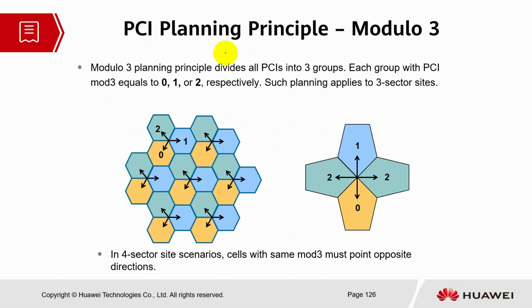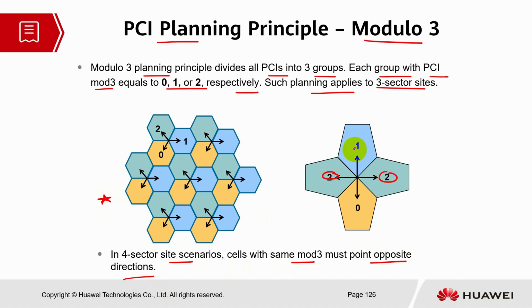So let's look into the PCI planning principle modular 3. The modular 3 planning principle divides all PCIs into 3 groups, each group with PCI mod 3 equal to 0, 1 and 2 respectively. Such planning applies to 3 sector sites. This is an example of a 3 sector site. In a 4 sector site scenario, cells with the same mod 3 must point in opposite directions. This is an example: 2 and 2 in opposite directions, 0, 1, 0, 2 and 2.